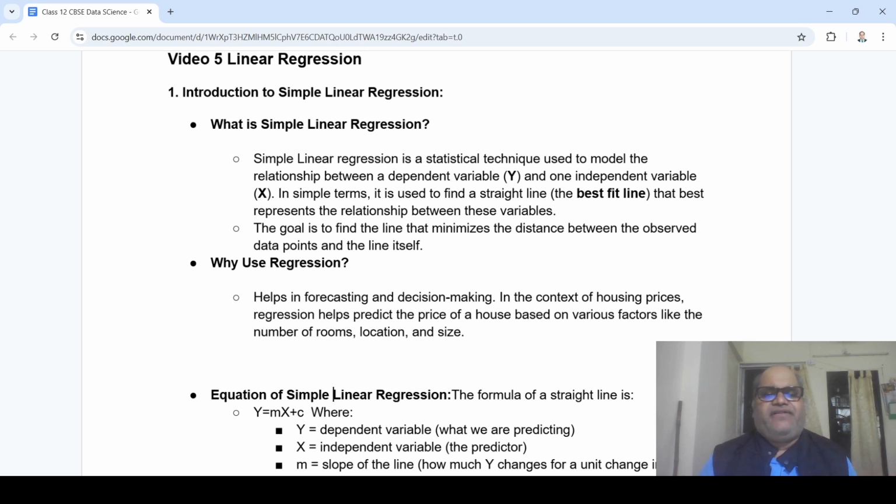In your y is equal to mx plus c, your y here will be the price of the house, your x will be the size of your house, and then you try and fit a straight line through all the data points, one that captures the essence of the overall data point variance.